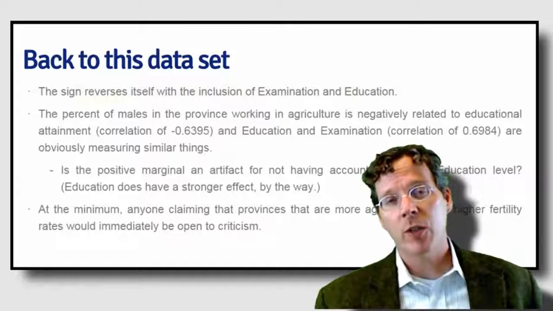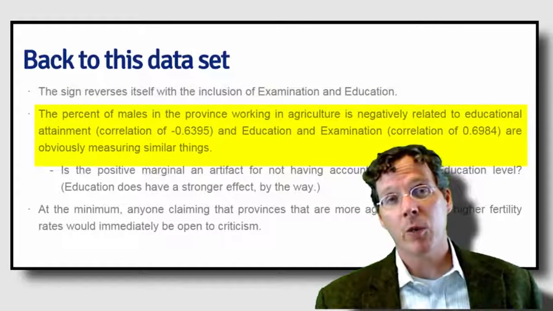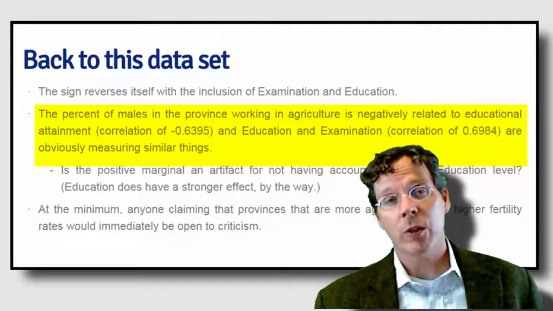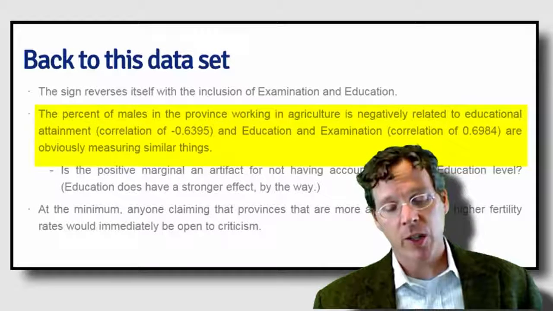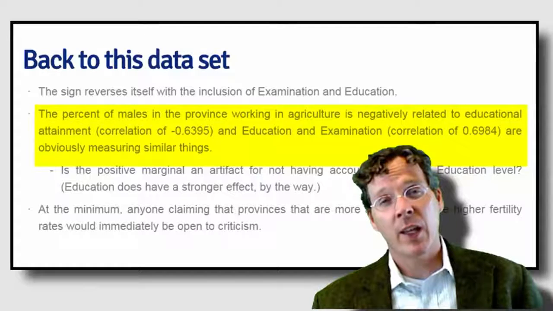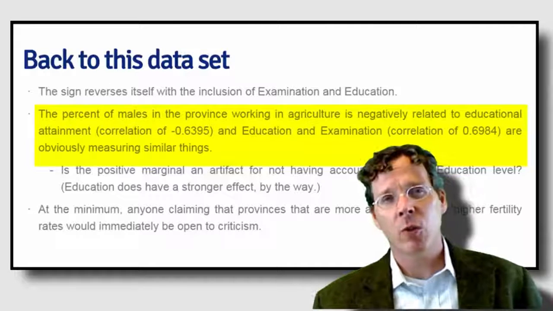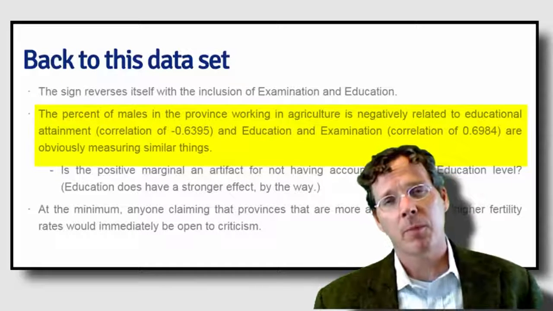Educational attainment is negatively correlated with the percent working in agriculture, a correlation of -0.64. You would expect that given where the data was collected and the time period in which it was collected. In addition, as I mentioned earlier, education and examination are kind of measuring the same thing. Their correlation is 0.7.